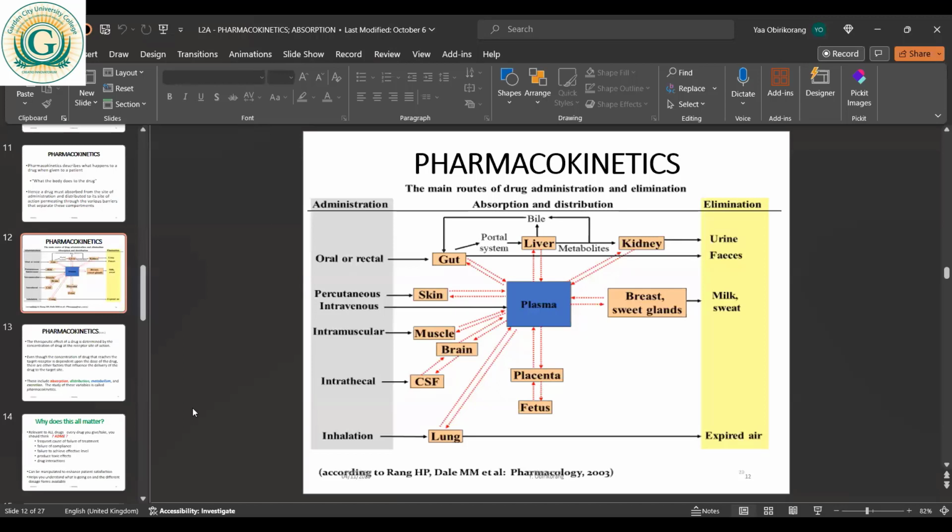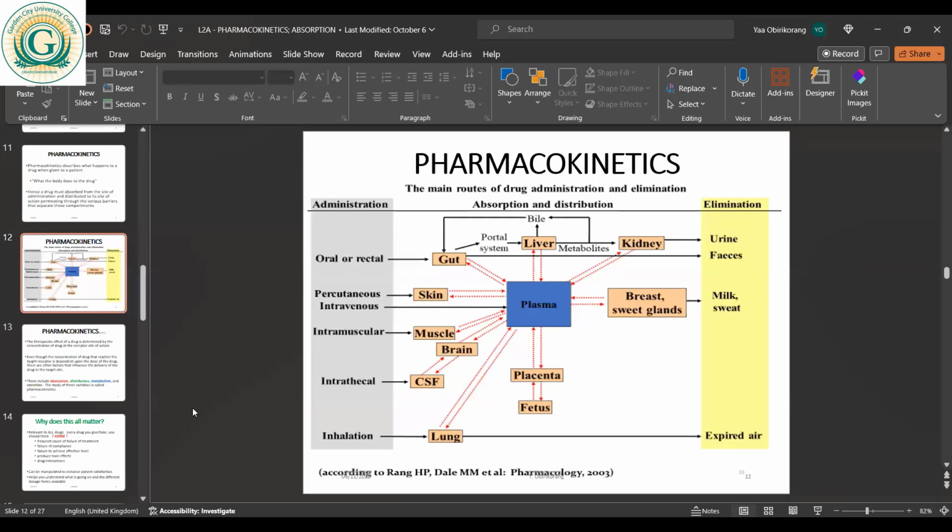For that matter, as a nurse or midwife, when I'm giving this patient this medication, based on the condition of the patient, do I want the drug to go through the first pass effect? If I do, then you can use the oral route or the rectal route.